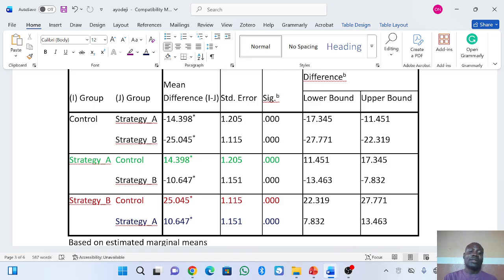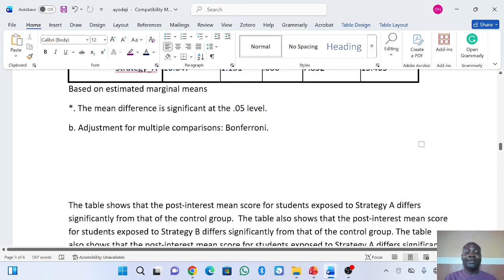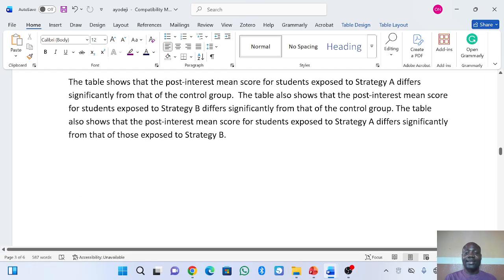Number two, the difference between strategy B and control. Those differences teamed up or joined together to form that significant difference. And finally, the difference between strategy B and strategy A. So these three differences accounted for the significant difference that we have.